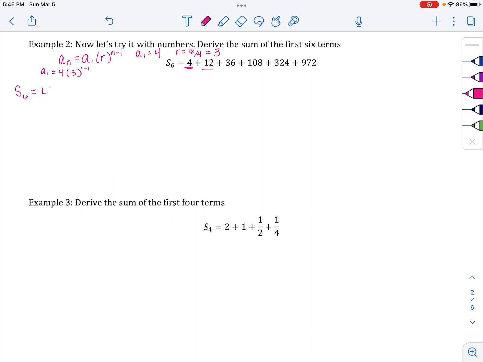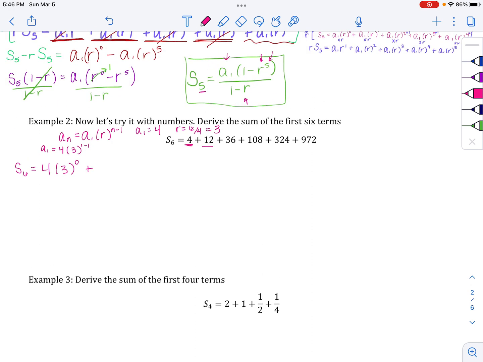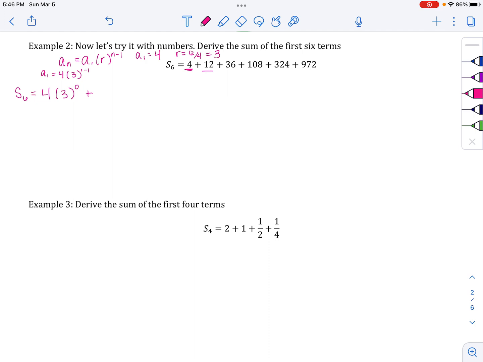So I get 4 times 3 to the 0 power. Plus, for the second term, we're going to have a sub 1, which is 4, times r, which is 3, to the 2 minus 1 power. Well, 2 minus 1 is 1.